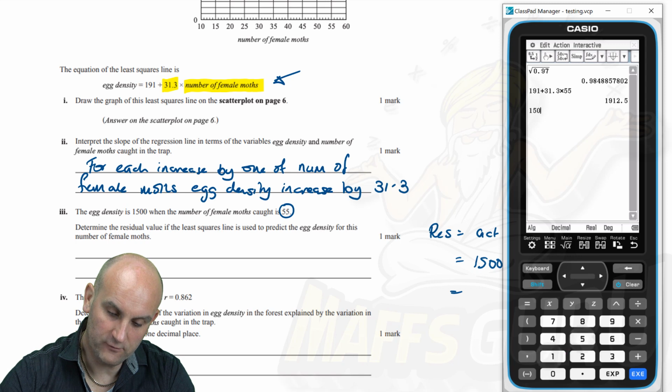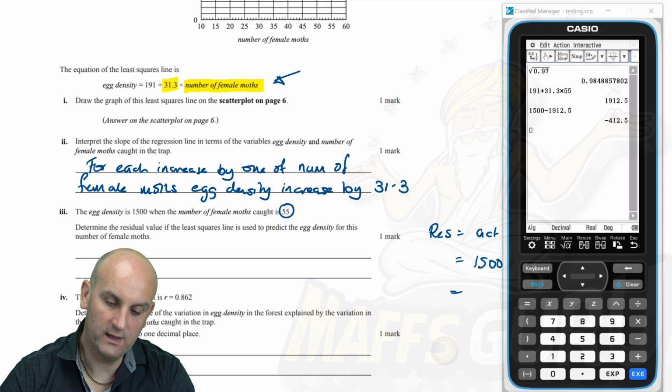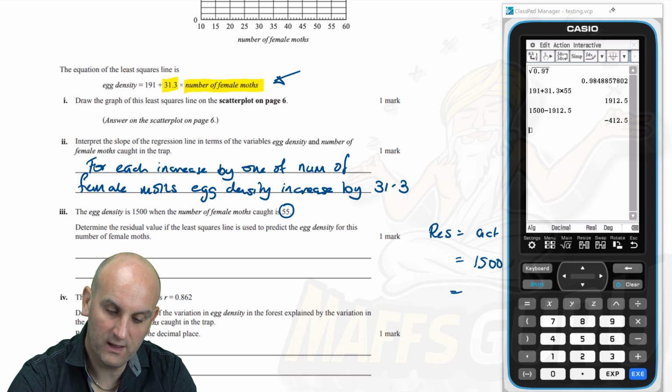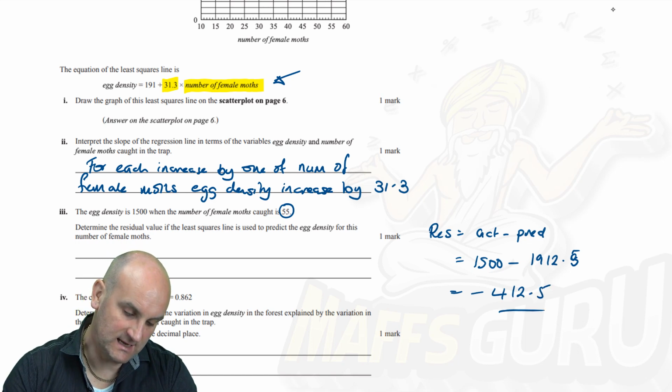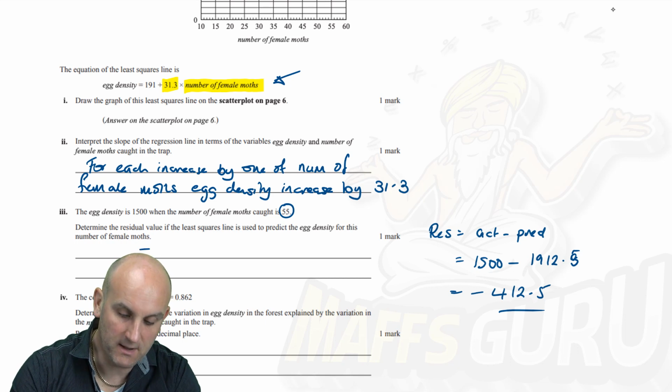So 1500 minus my previous value. Let's just drag and drop and hit enter. Gives me minus 412.5. So minus 412.5 is my answer. So there we go.